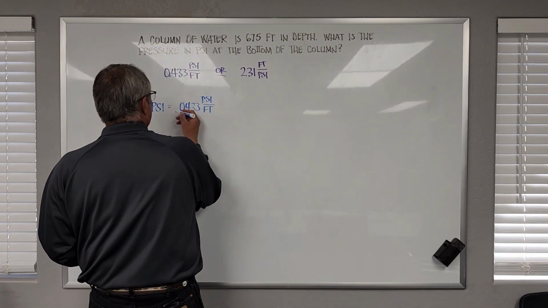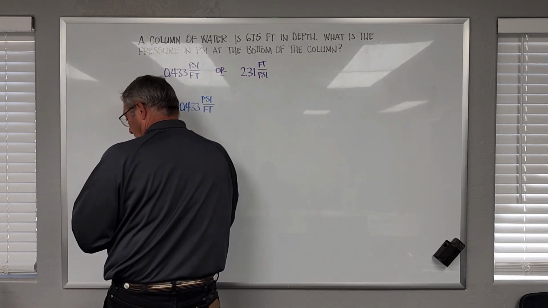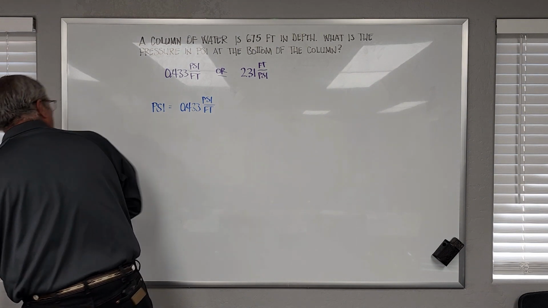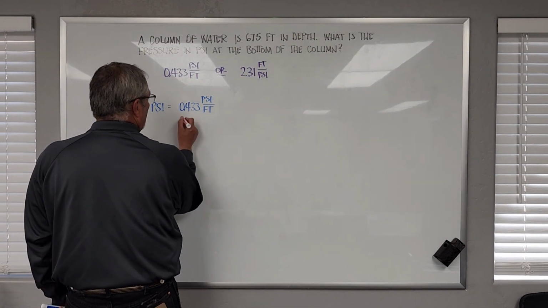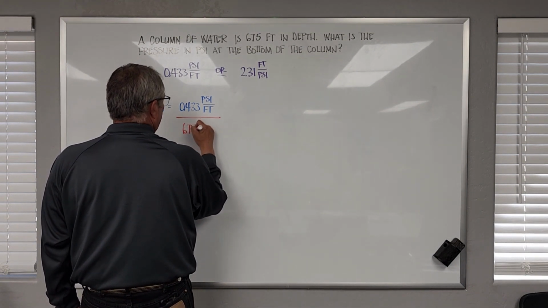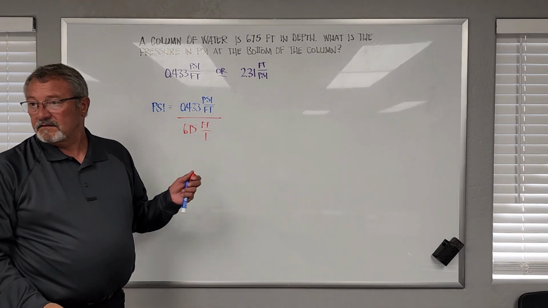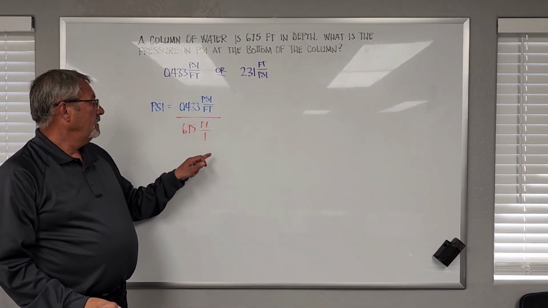So what I'm going to do is, let's say I wanted to divide, and this is going to be incorrect, but it's just an example. If I wanted to divide 675 feet in depth, I would write it like this: 675 feet over 1.